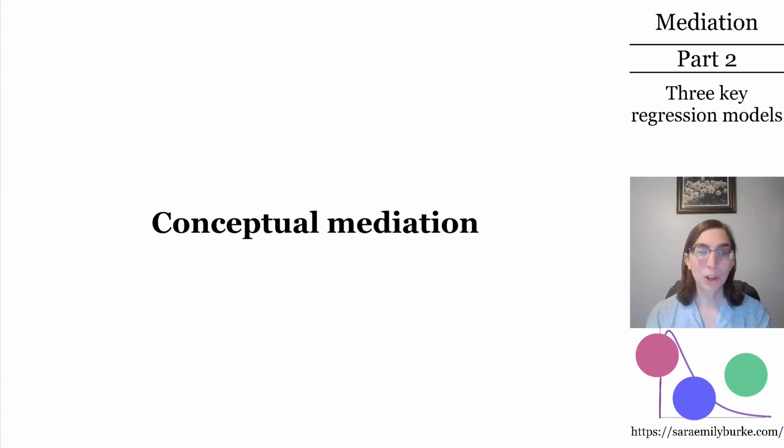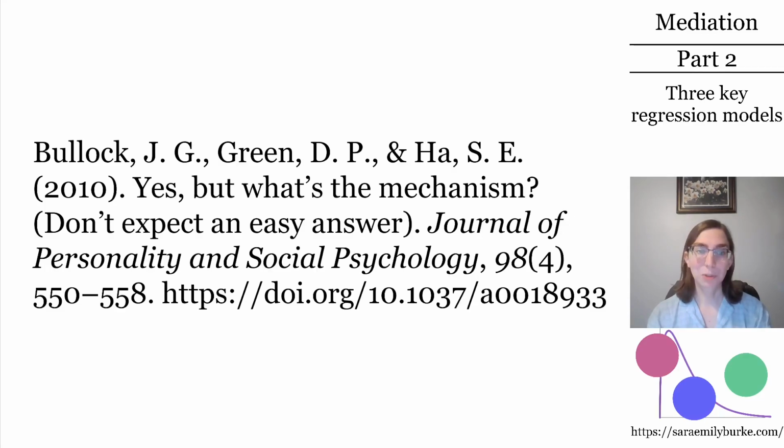If we know that X causes M and Y in one sample for at least some people, and M causes Y in another sample for at least some people, does that mean that X causes M and M causes Y for the same people? No. That's a separate problem and a difficult one to address. Recall from earlier, for more on this topic, see this paper by Bullock and colleagues. Link is in the description.